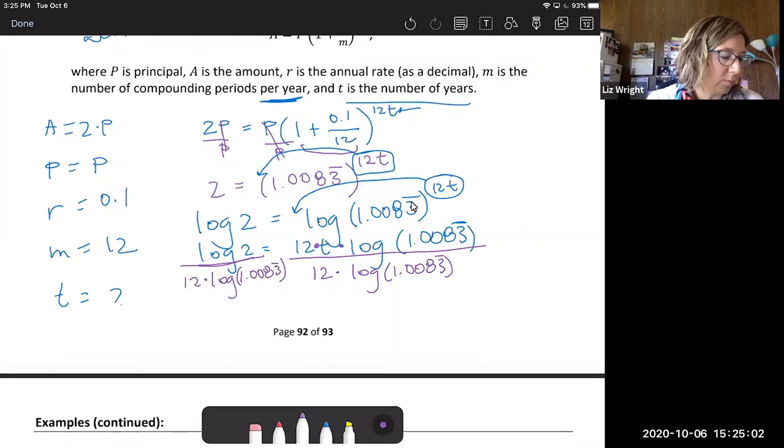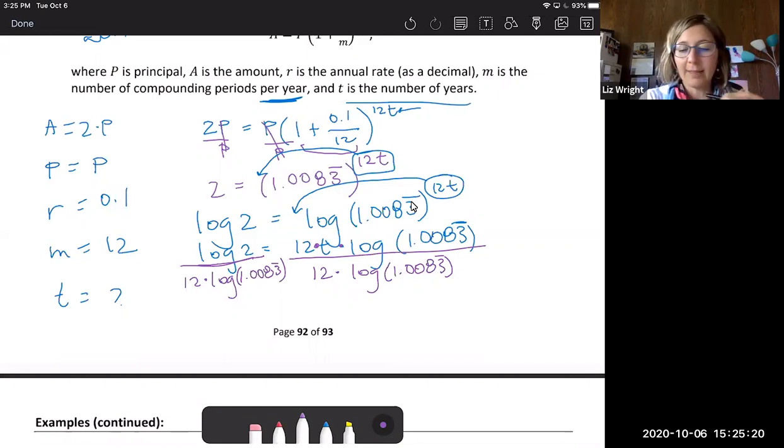You are also more than welcome to always break it down even further. So let's say that was too many buttons to push. You can always do 1.0083333333, as many as will fit in your screen, hit the log button, and multiply it then by 12.